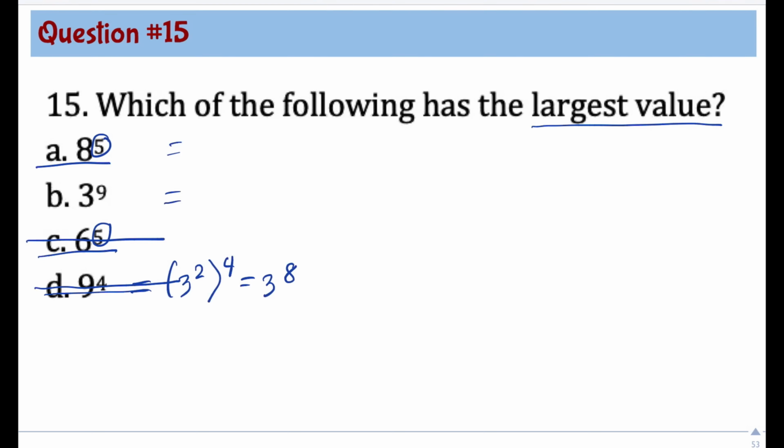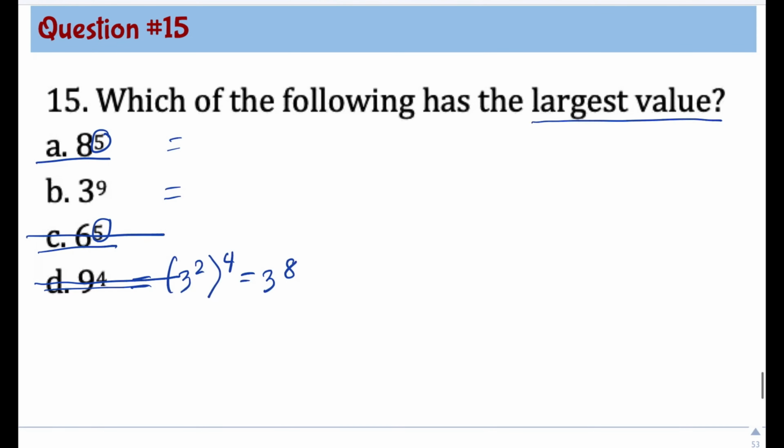Now let's focus on options A and B. 8 to the 5th power can be written as 2 to the 3rd power to the 5th power, which is now 2 to the 15th power. Letter B cannot be simplified further, so that is 3 to the 9th power. Here, these two options have different bases and different exponents.